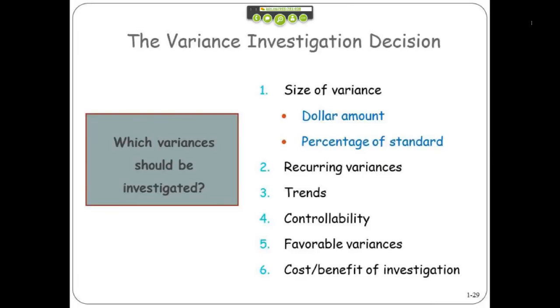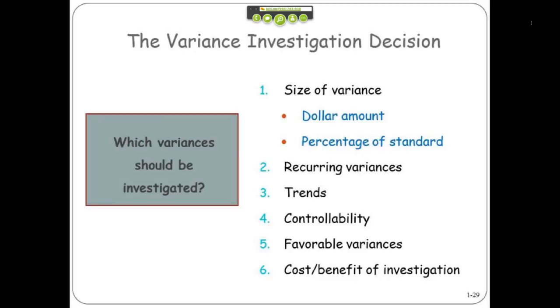So, last few chapters we talked about variances. You need to decide when to investigate a problem. When is a problem worthy of being corrected? Certainly size makes a difference, both in dollar amount and percentage of variance. The variance is a percentage of a total cost.